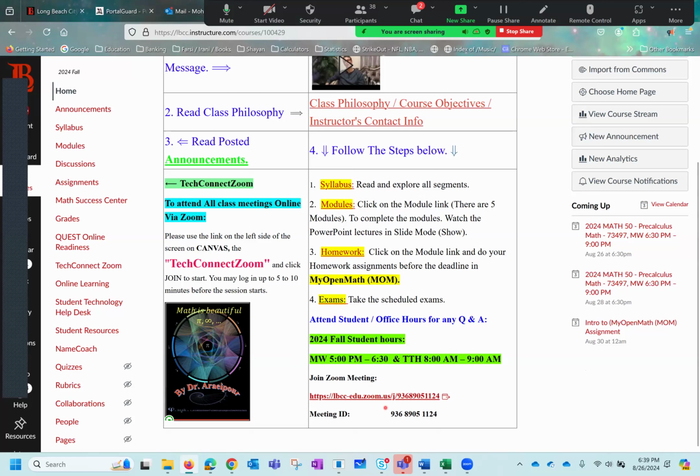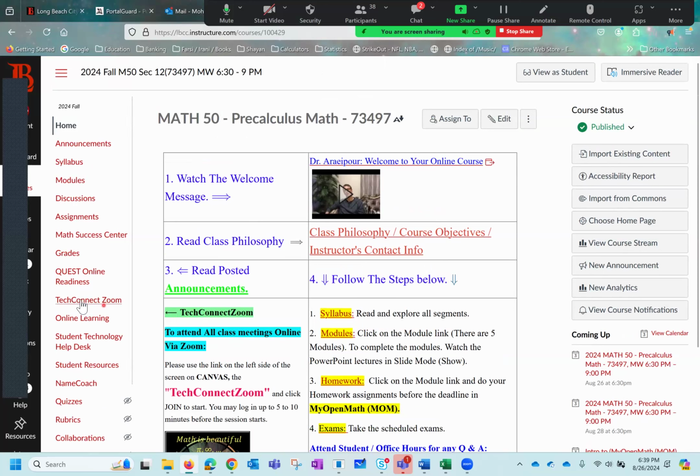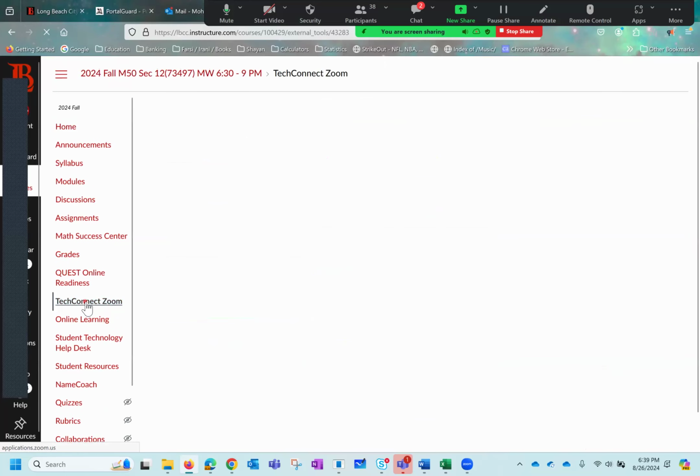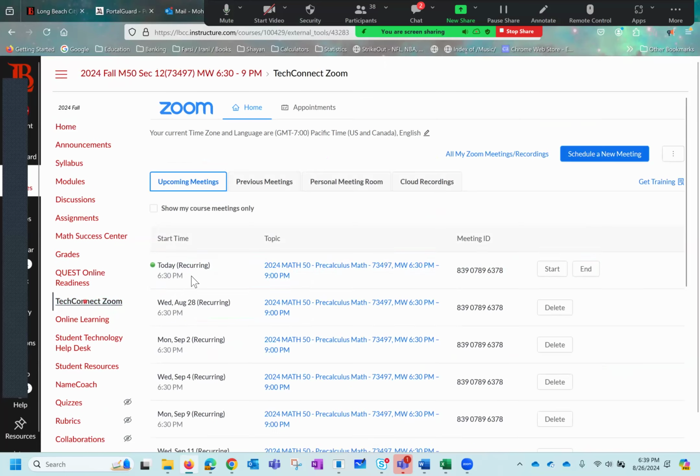The Zoom link that you see here is the Zoom link for the office hours. The time is also posted. You can find it in the syllabus as well. Please don't mix it up with our meetings. For meetings, you have to click on Tech Connect Zoom, as it mentions here, and attend the class. Two different things. We don't want to mix them up.